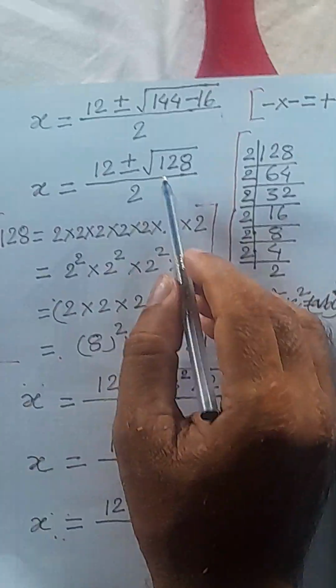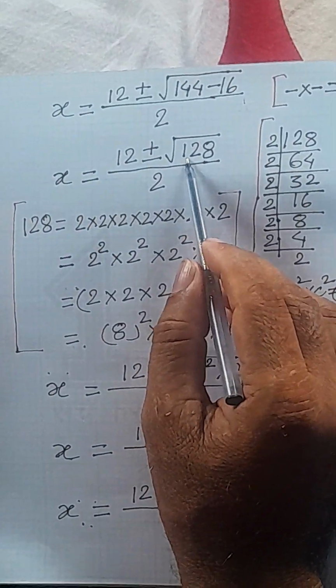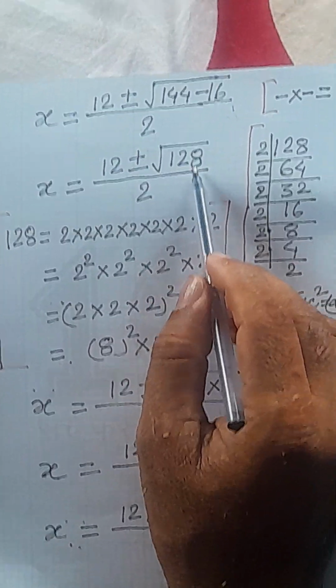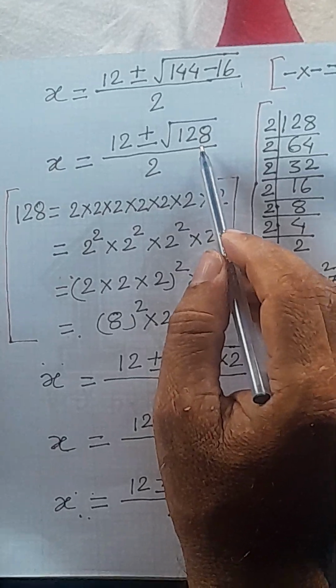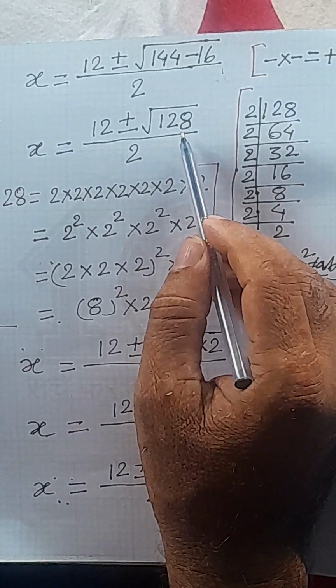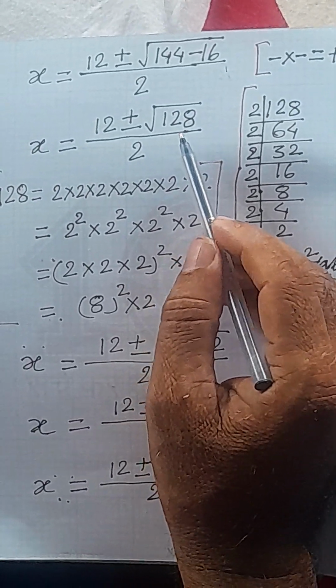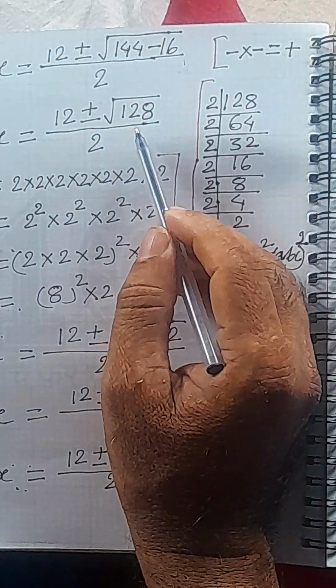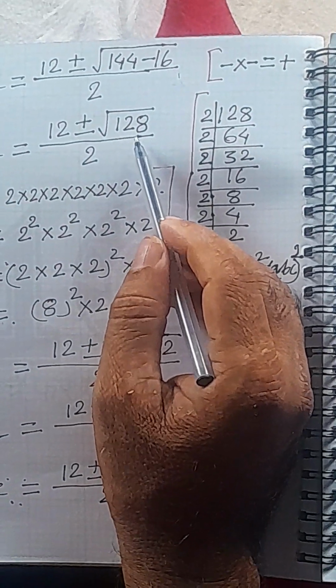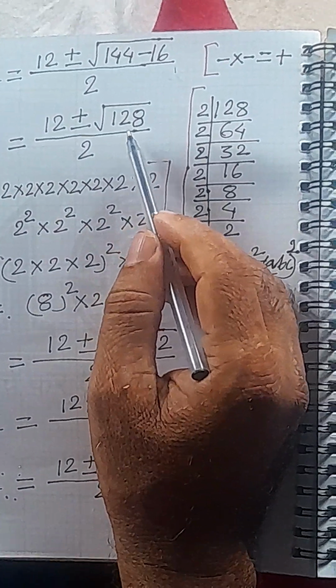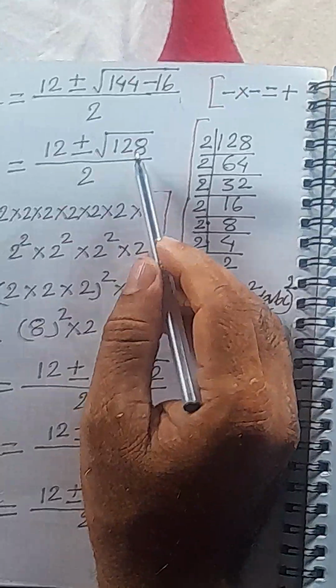Now we have to think, is it possible to find the square root of 128? For this, what is the simple method? We have to find the prime factors of 128.